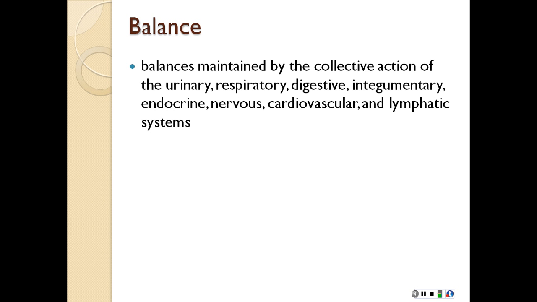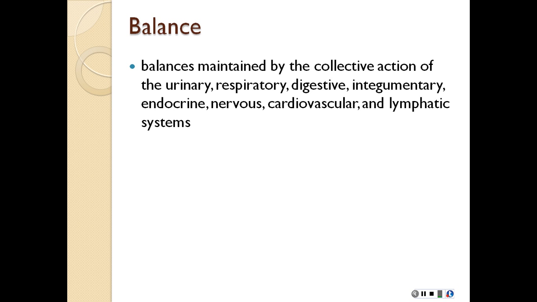But whenever things get out of balance, most of those involve the kidneys. The kidneys know when to get rid of sodium if there's too much in the blood, when to get rid of potassium. So the kidneys and the urinary system are there to maintain the balance of electrolytes, pH, whenever acids come through.